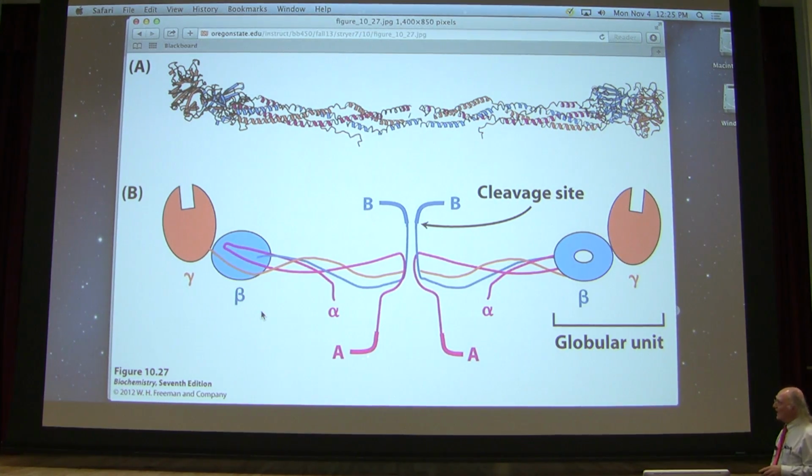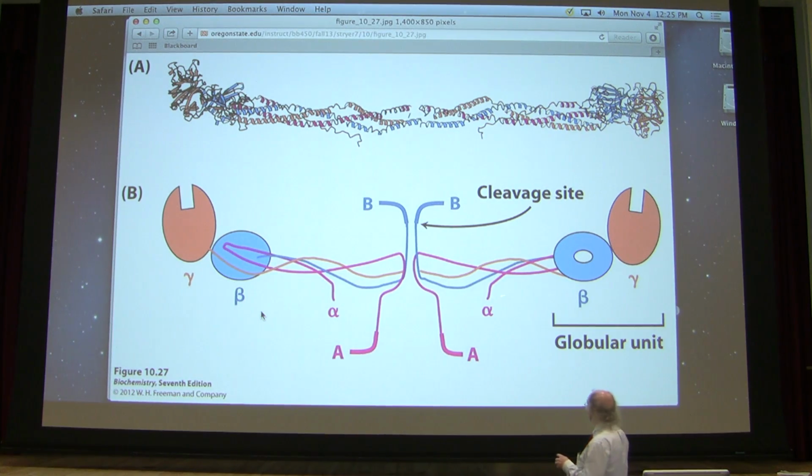And we see that the alpha, which is this red guy, has a structure on the end of it called capital A. It's a good name for it, capital A. And we see that the beta, which is shown here in blue, has a structure on it called capital B. Simple to remember.